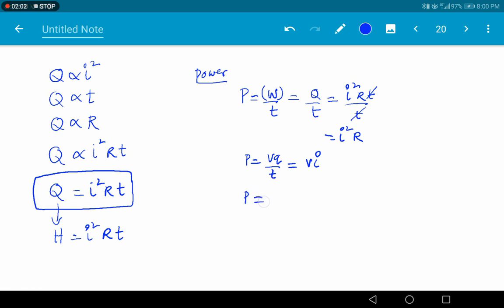And one more expression we get: P equals V square by R. These are the different formulas related to power.